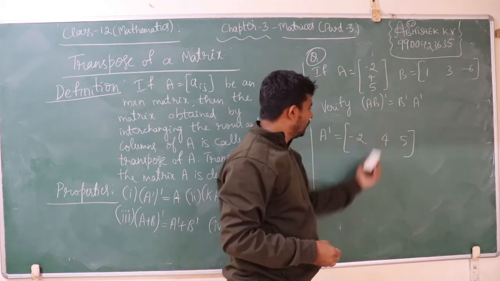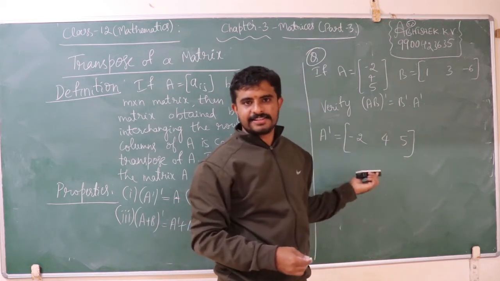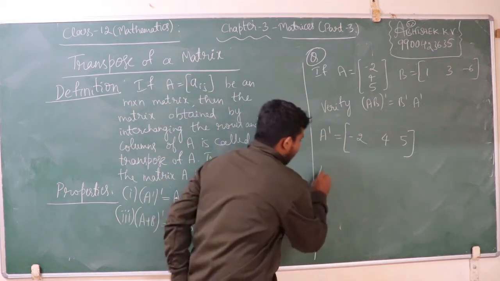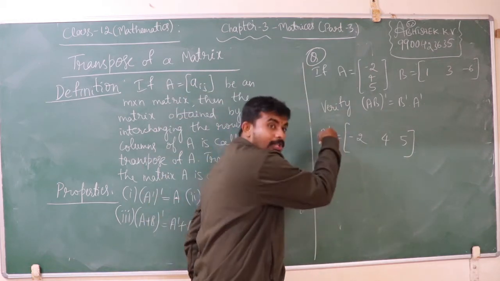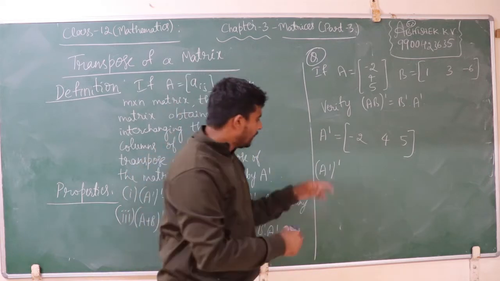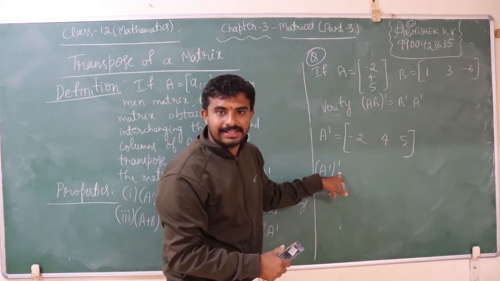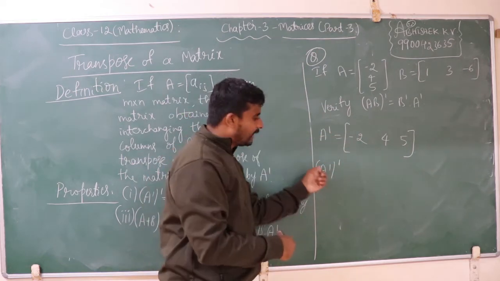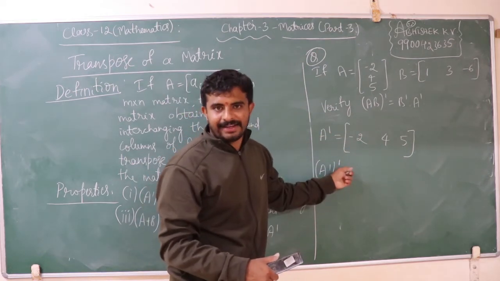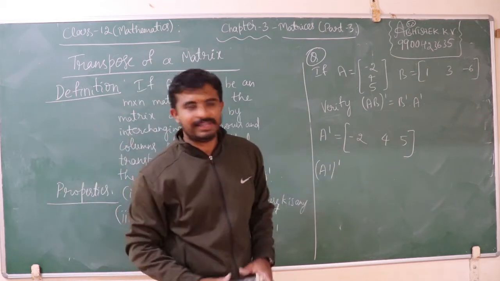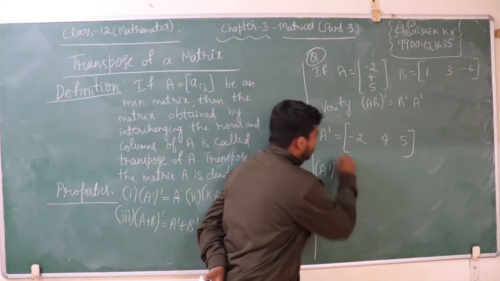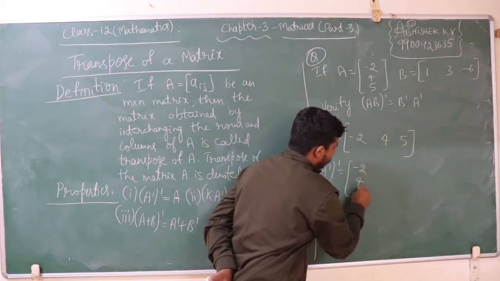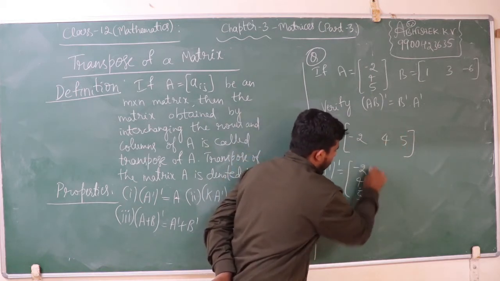Then A transpose whole transpose: again, if I take the transpose of this transpose matrix, this row changes to column.